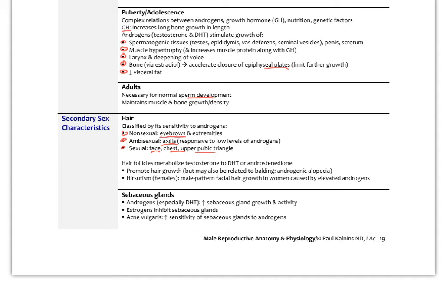Hair follicles metabolize testosterone to dihydrotestosterone or androstenedione. During puberty, that will usually promote hair growth, but unfortunately can also lead to balding, the so-called androgenic alopecia.